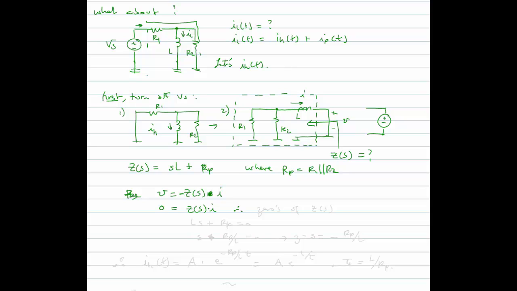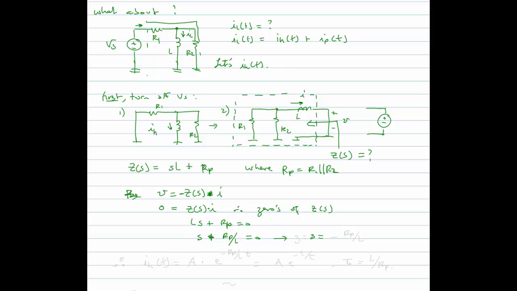Therefore, we're looking for the zeros of Z sub S. What are the zeros of Z sub S? Well, we have SL plus RP equal to 0, or S plus RP over L equal to 0.